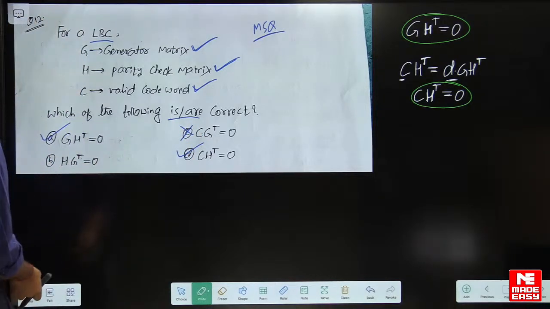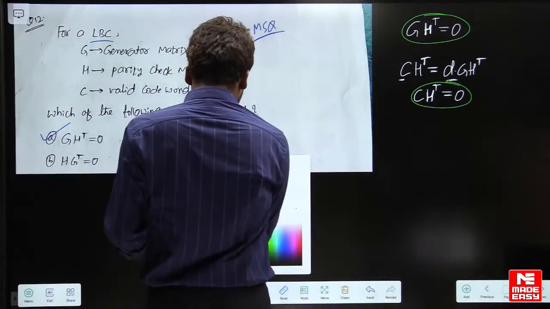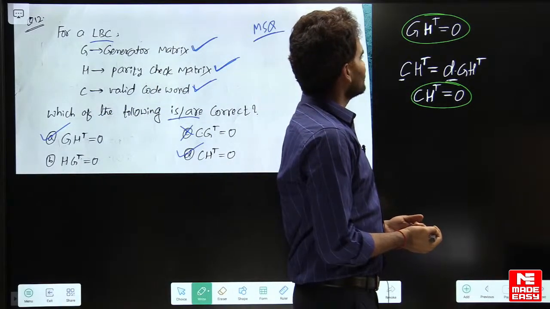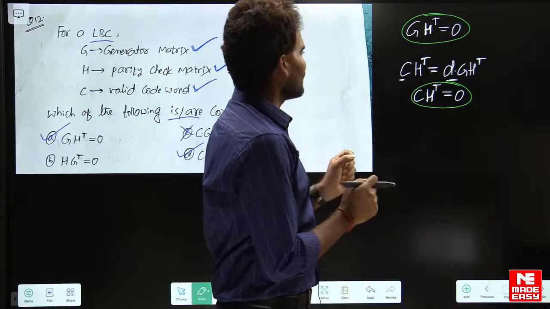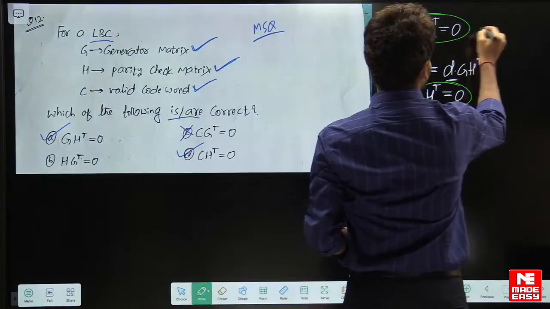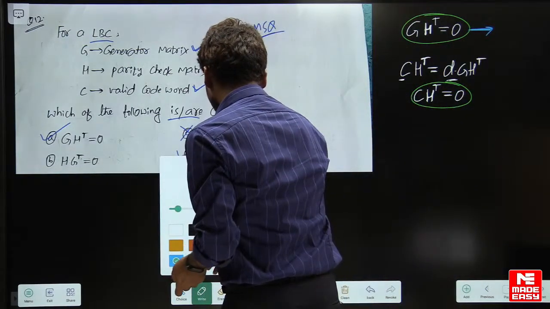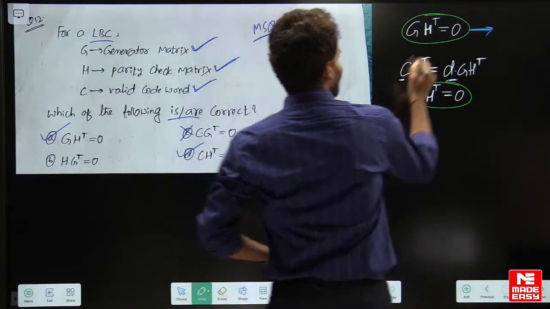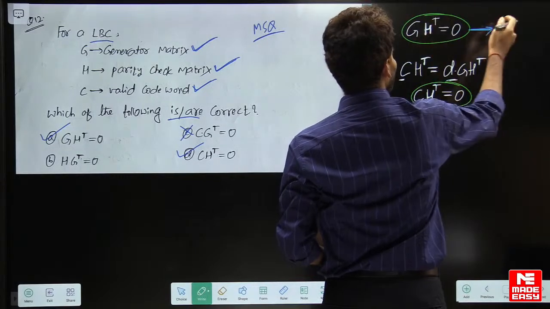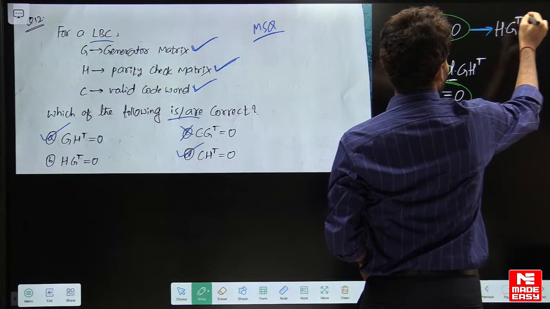And H into G transpose, actually this is also correct. Just a simple analogy of matrices.